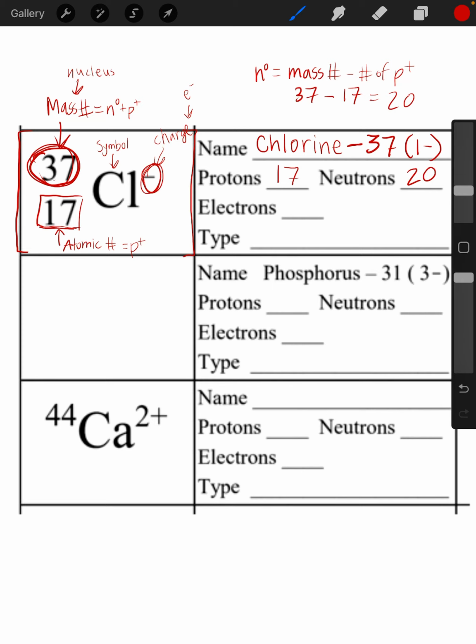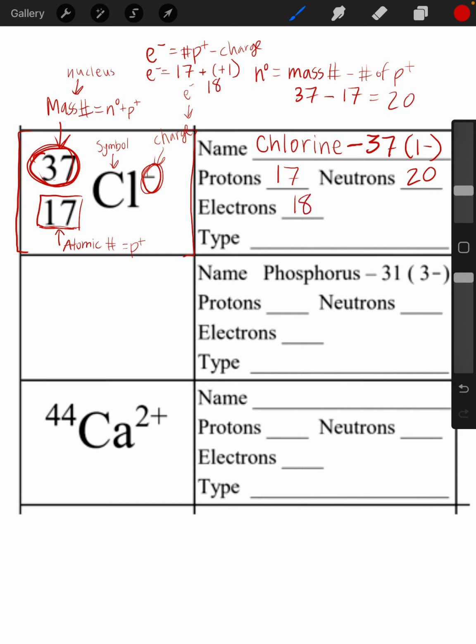Okay. Finally, to find electrons, we do our number of protons minus the charge we're given. So electrons is going to equal 17 minus, and our charge is -1, we're going to say minus a -1. You've learned in math that if you minus a negative, the negatives cancel out and it makes a positive. So 17 plus 1 is actually going to be equal to 18.